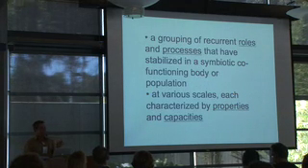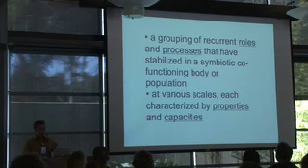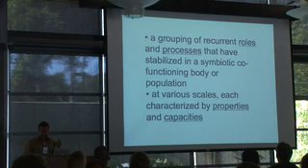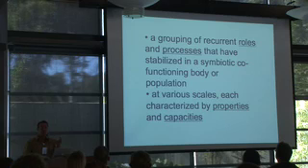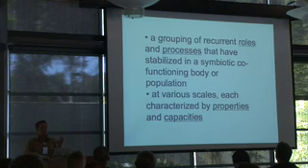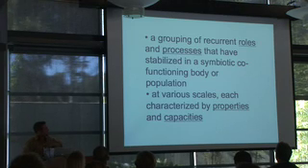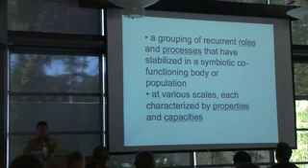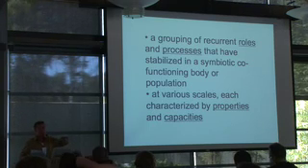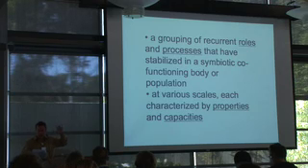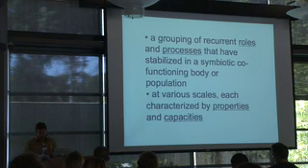So an assemblage is a grouping of recurrent roles and processes, so kind of compositional energies and substances, which have bonded and stabilized in a kind of synthetic co-functioning whole that is not reducible to its parts. What's interesting about it is the extreme horizontality of all kinds of actors, and what I understand as a kind of vertical axis of scales and degrees of stabilization and organizational complexity.